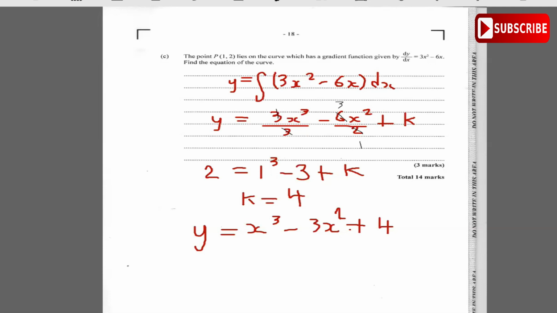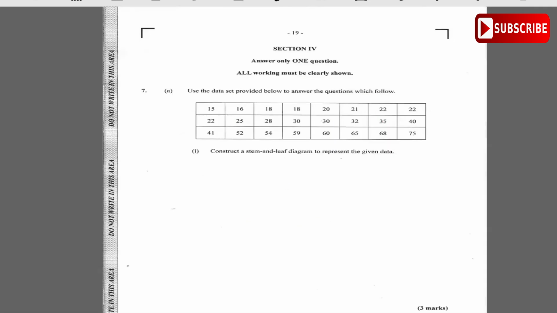Now we go to the best module of the paper, which is statistics. Mamma mia, statistics, the best thing on the paper. So it says use the data set provided below to answer the questions. They give us this data set, and luckily they put it in order for us, so we don't have to rearrange it.